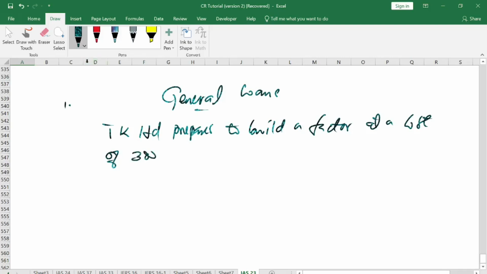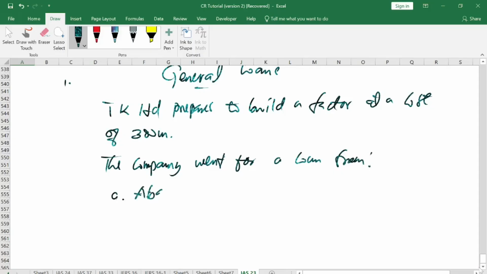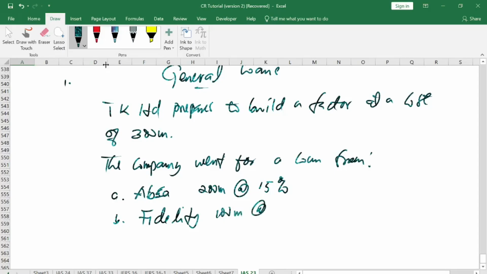The company went for a loan from A, ABSA, 200 million at 15% interest rate. B, Fidelity Bank, 100 million at 12% interest rate.